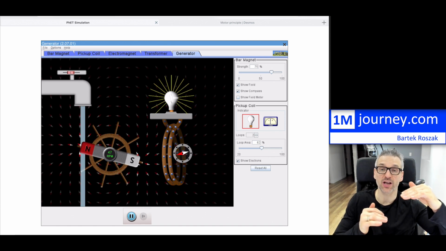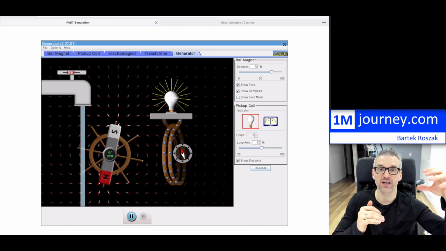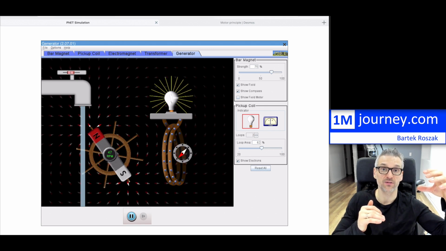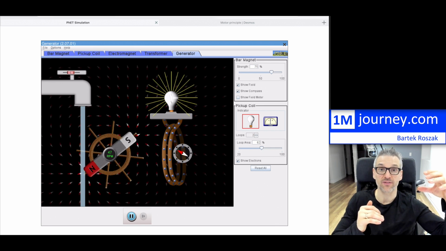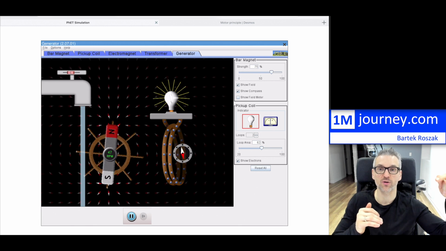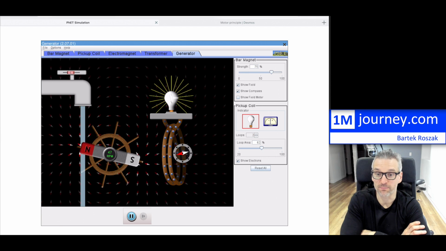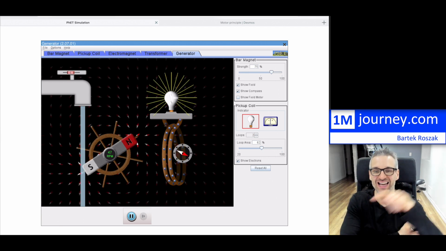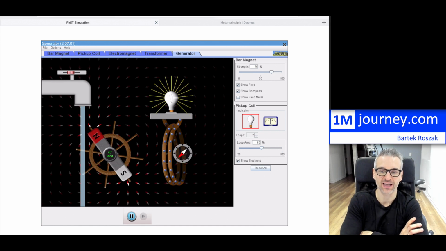If you have a change of magnetic field, then a coil beside it is going to have electrons moving back and forth depending on the change of the magnetic field, therefore producing electricity for us, or the flow of these electrons, as you can see there. You also have a compass, which shows that it's spinning around because there is a constant change in the magnetic field.